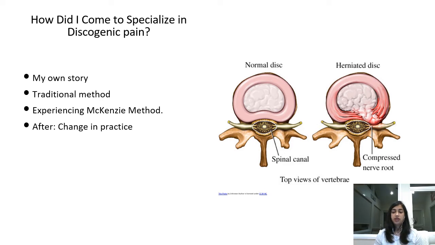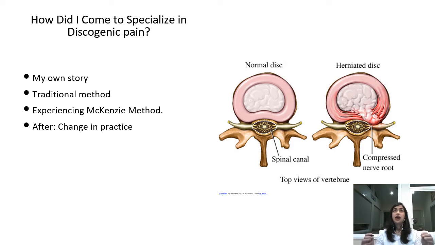So just to give you a brief introduction about how I came to specialize in this area, it was back in 2013 when I was getting ready in the morning, putting my hair up in a ponytail. I had this excruciating pain that shot from my neck and radiated into both my arms, and I had numbness and tingling at the same time.